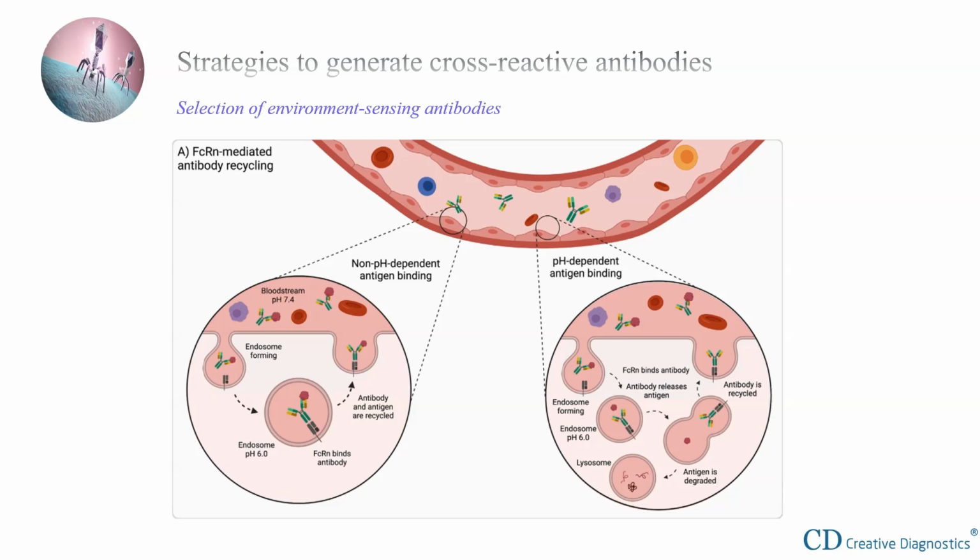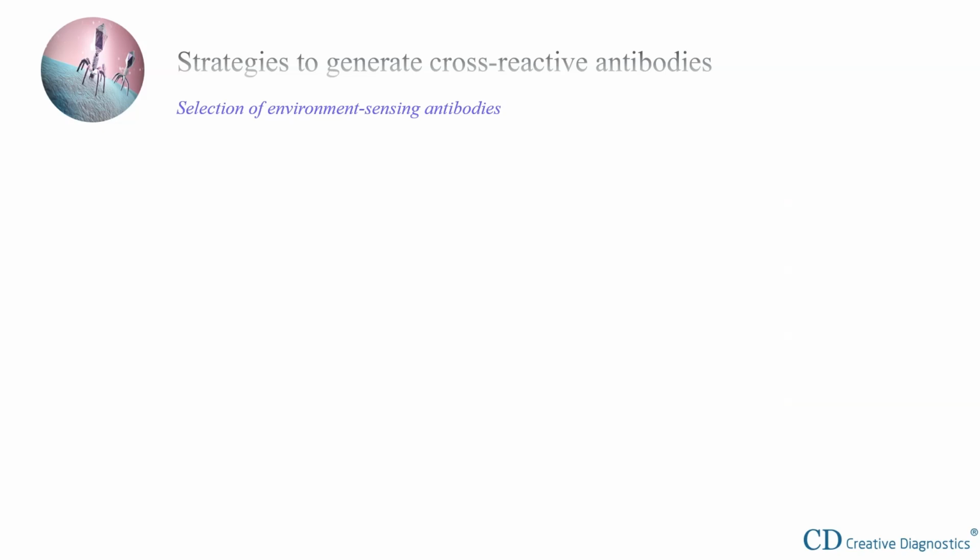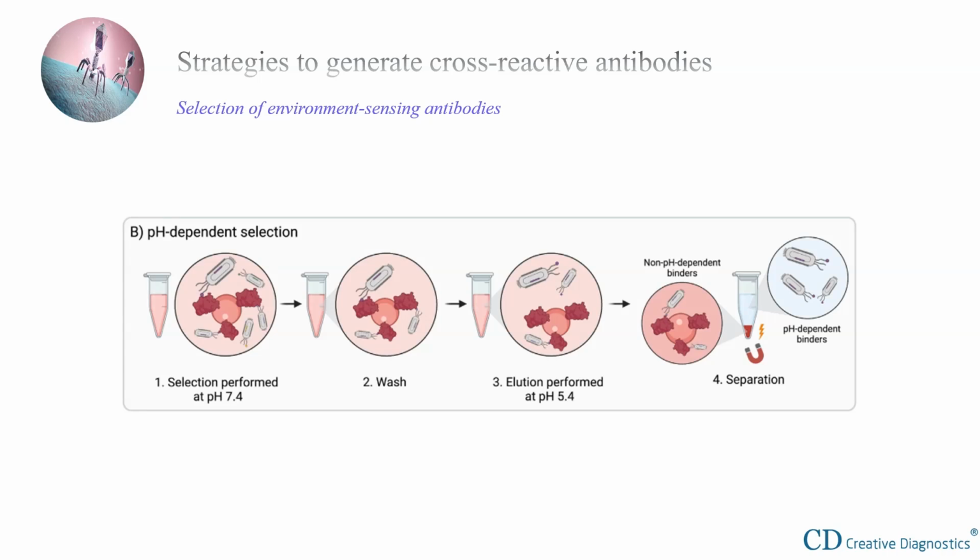To prevent the antigen from being recycled and to avoid unnecessary antibody degradation, antibodies can be engineered to dissociate from their antigens within the acidic environment of endosomes. This allows the antigen to be degraded while the antibody is recycled. For therapeutic antibodies, this design allows for less frequent dosing and/or lower doses to be administered.